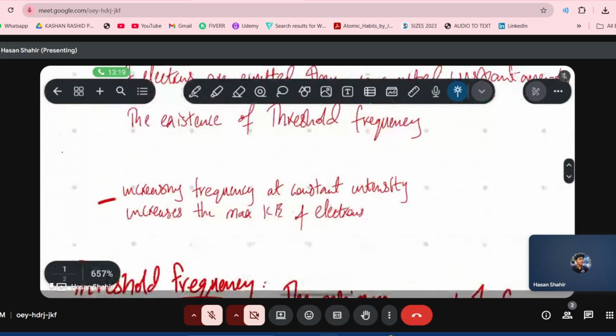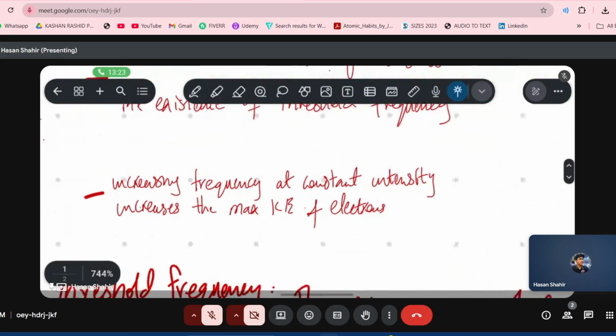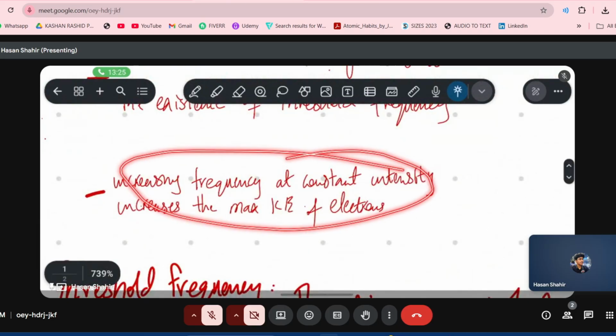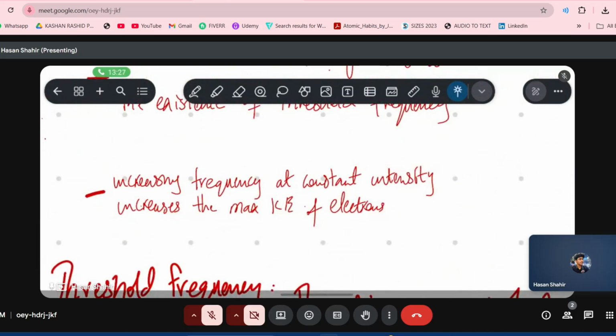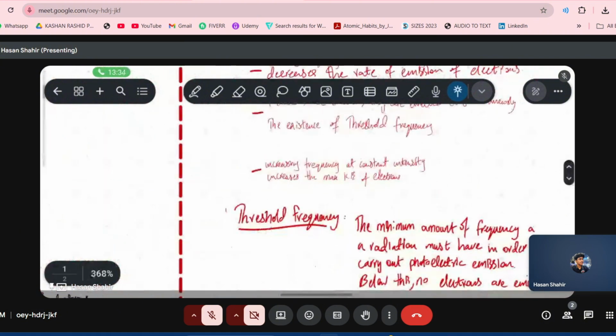Increasing frequency at constant intensity increases the maximum kinetic energy of electrons. So this is our main point over here. Now, why is that? Let's go over this.